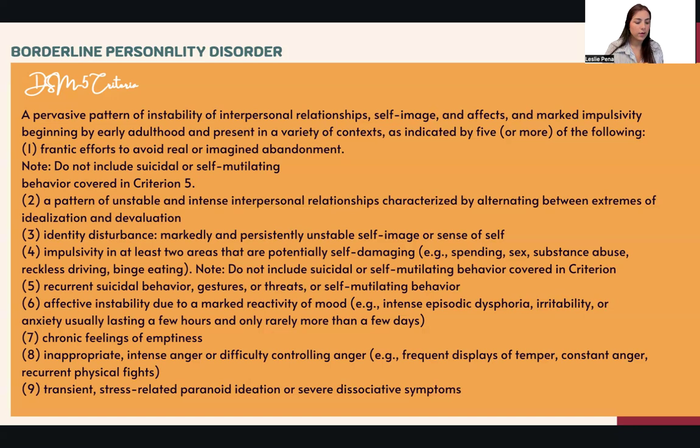Let me get to that while I keep reading. Affective instability due to marked reactivity of mood, chronic feelings of emptiness, inappropriate intense anger or difficulty controlling their anger. This is frequent displays of temper, constant anger, physical fights, transient stress-related paranoid ideation, and dissociative symptoms.